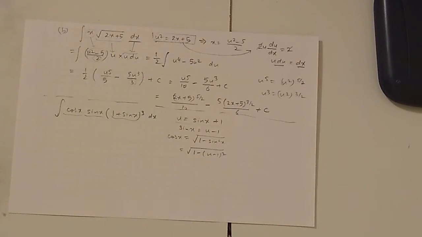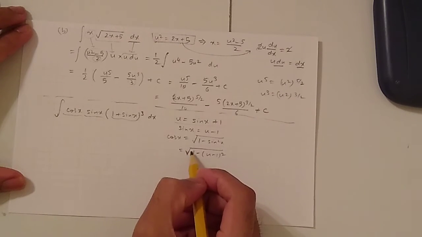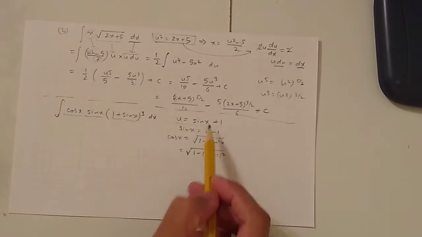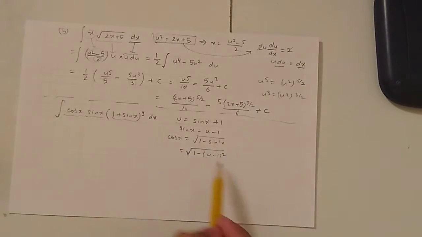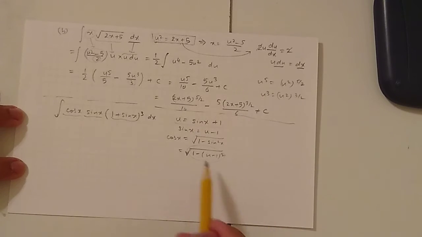Now the thing is, even though cos x is equal to root of 1 minus (u minus 1) the whole square, usually you'll be given questions where the substitution is going to make your integration easier. Over here, notice that this root is not going to make your processing easier.